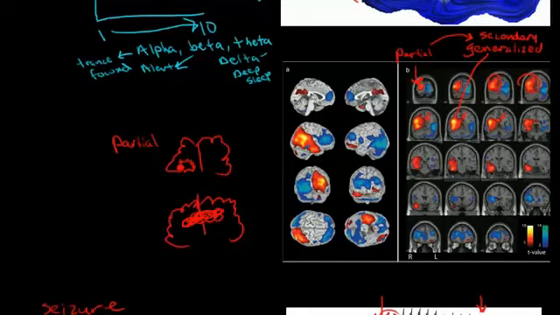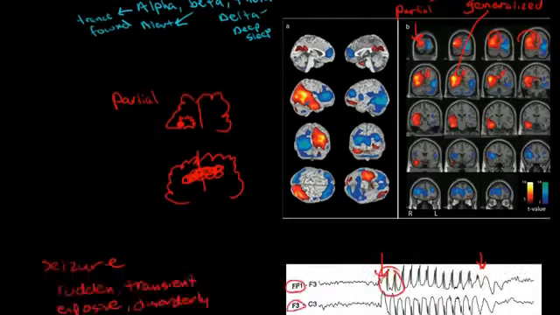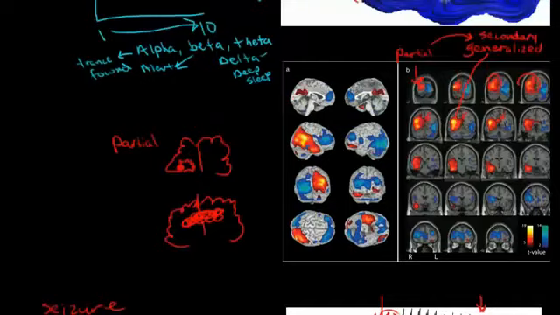Okay. All right. Before I end this discussion of seizures, I wanted to talk briefly about status epilepticus. Now, status epilepticus, if we had an EEG here, would show continuous seizing that lasts for greater than 20 minutes.